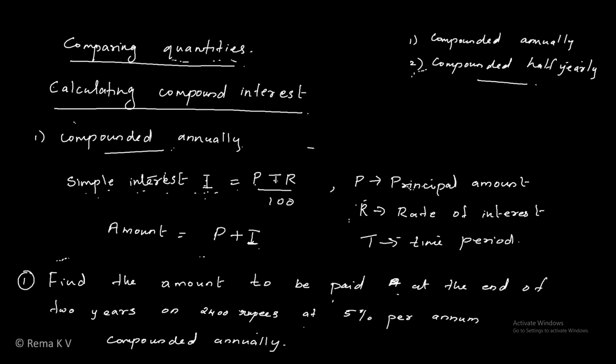So you have to substitute I is equal to 2,400 into 2 into 5 by 100. You will get the interest, then principal plus interest you have to do. But here we are applying compound interest. So to find compound interest, let us follow the steps.